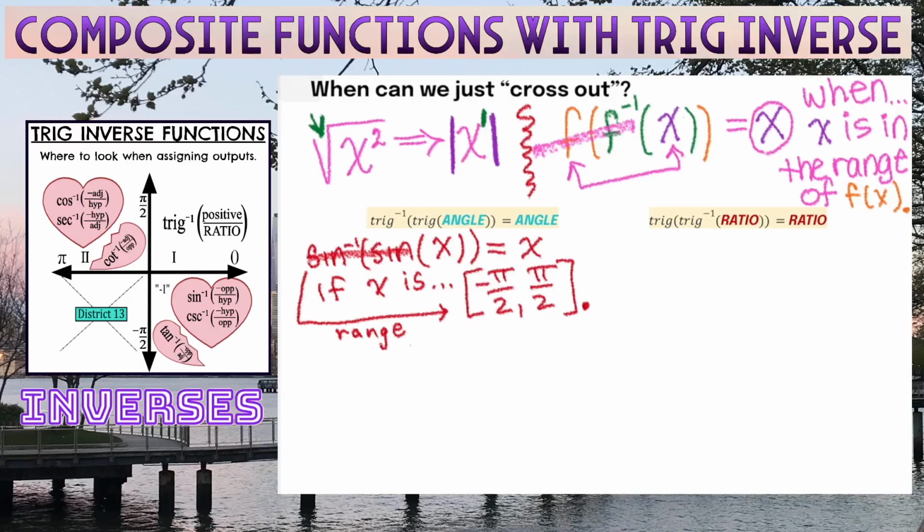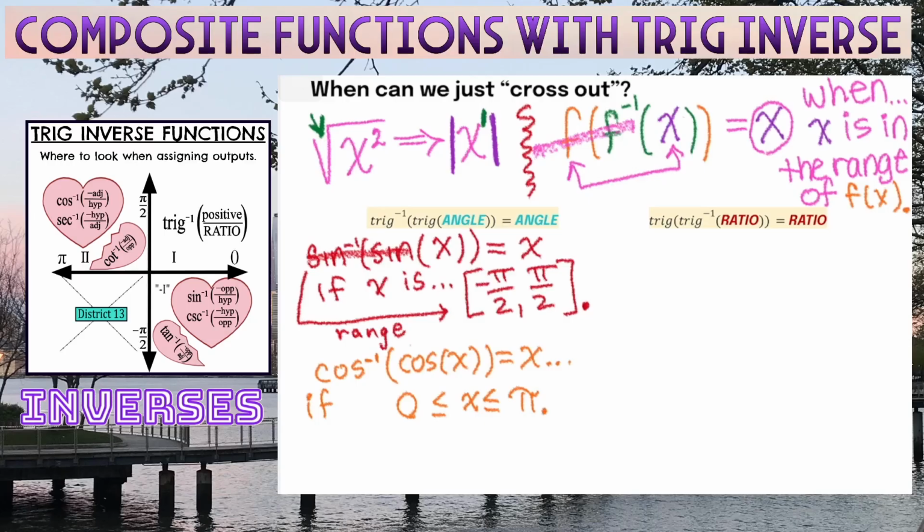How about with cosine? Cosine inverse of cosine of x will equal x if x is between 0 and pi.